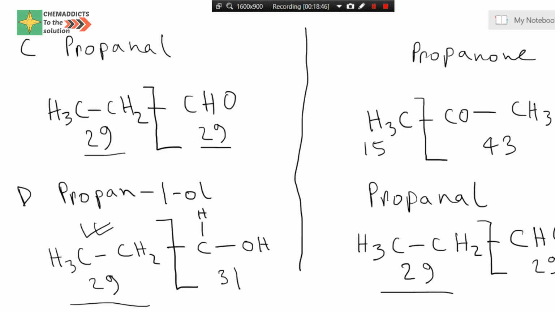And in here, if we fragment this molecule, we're going to get this part as 29 and the other fragmented molecule as 29, since these fragmented molecules match the mass by charge ratio given. That is why we are taking this.